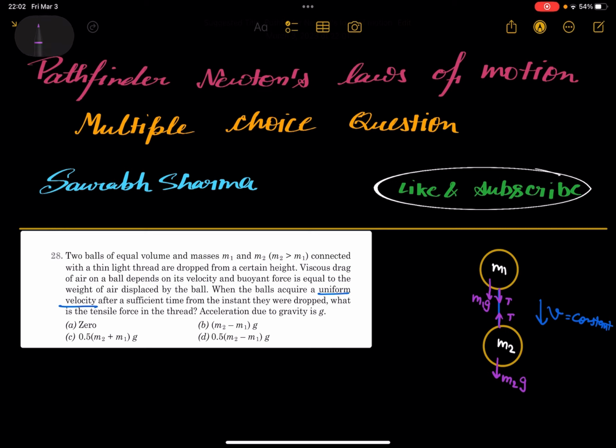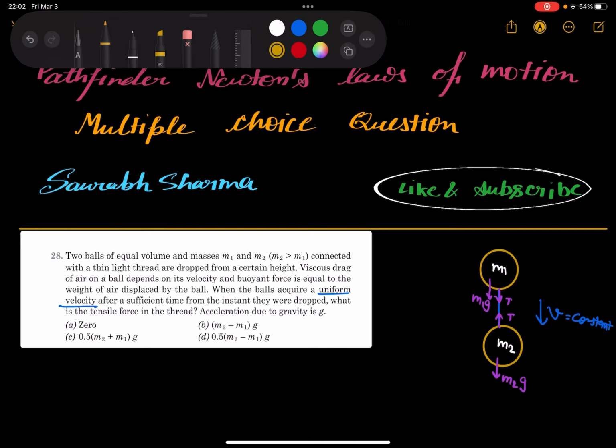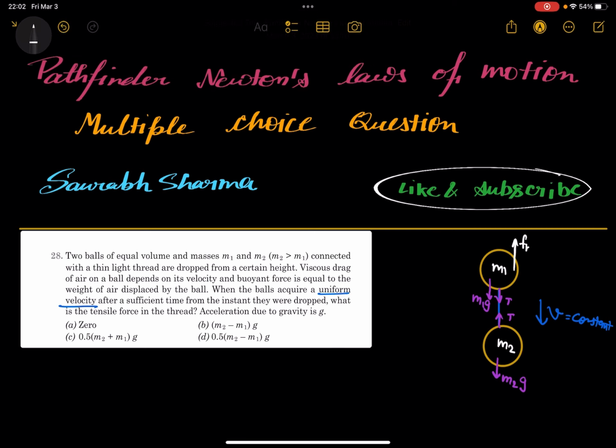We know very well it is the volume of the object, because the whole object is dipped in air, so the complete volume of the object, times the density of air, times g. Is it clear? Similarly, on the lower block, the force of buoyancy is also acting, which is V rho g.